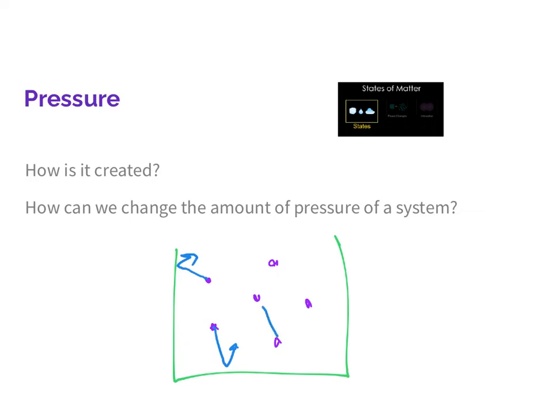When a molecule comes in contact with another molecule, that's not going to affect the wall. So pressure is when a molecule comes in contact with a wall. And that's why a solid or a liquid, maybe in a balloon, is not going to put the pressure on the wall like a gas is, because those gas molecules are moving around a lot.